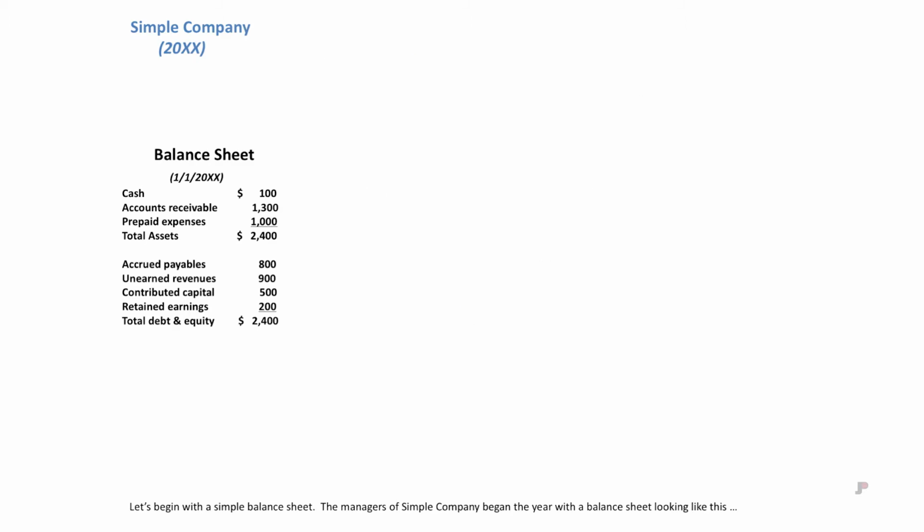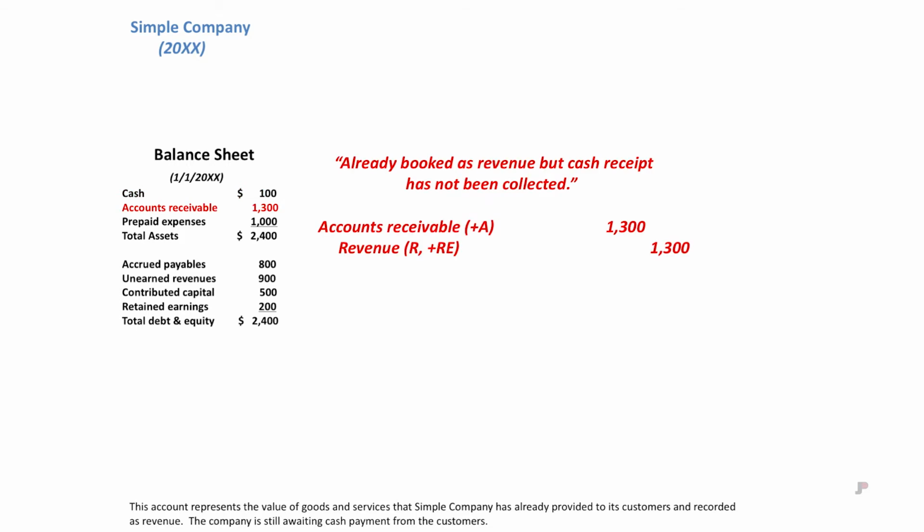The managers of Simple Company began the year with a balance sheet looking like this: a cash balance in the amount of $100, accounts receivable of $1,300. This account represents the value of goods and services that Simple Company has already provided to its customers and recorded as revenue. The company is still awaiting cash payment from the customers.